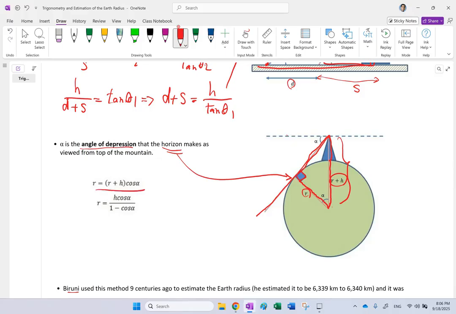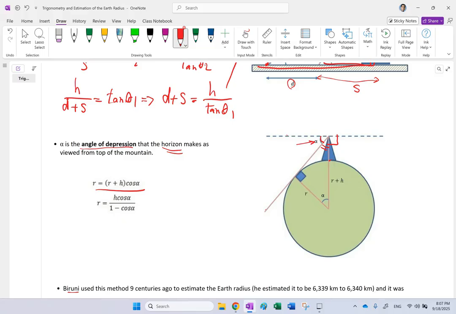Now the question is, why is this angle also alpha? If this angle is what I called alpha, why is this other angle alpha? And that is extremely simple from triangles again. Why is that? Because the sum of this angle and this one here is 90 degrees. Remember, this is a perpendicular.